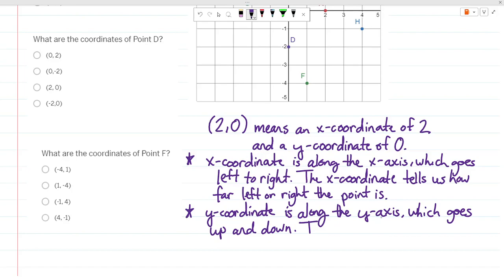So the y-coordinate tells us how far up or down the point is.